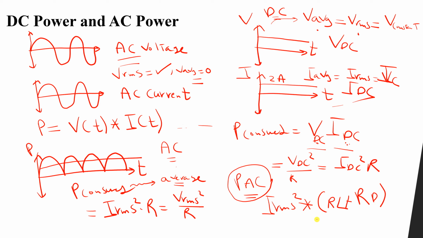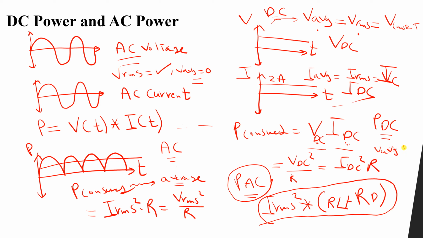This is the AC input power going to the rectifier circuit, including the load. However, part of this AC power will be converted into DC power, which is calculated using V average and I average of the load.